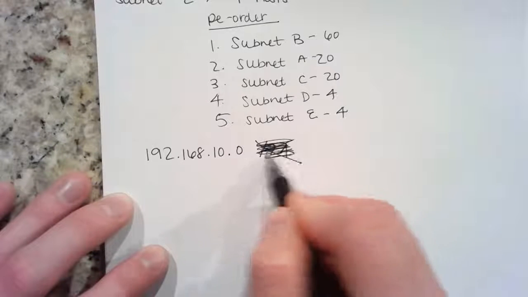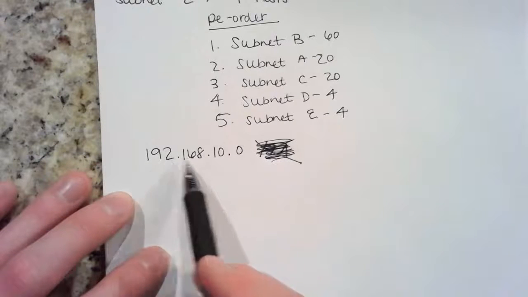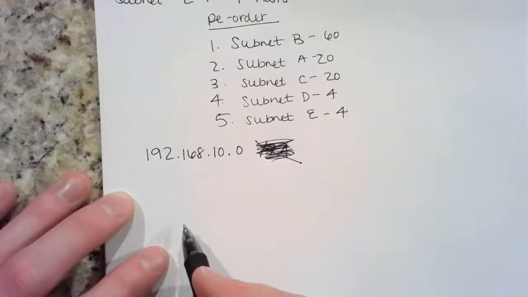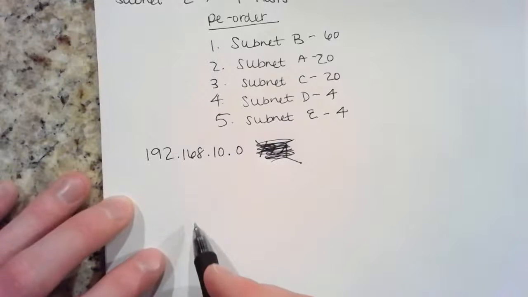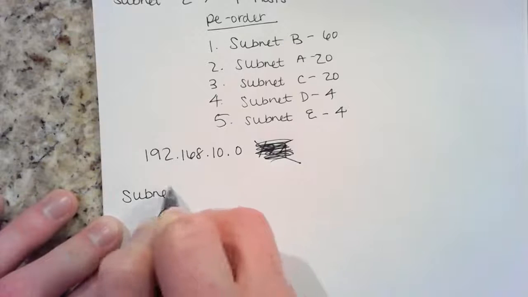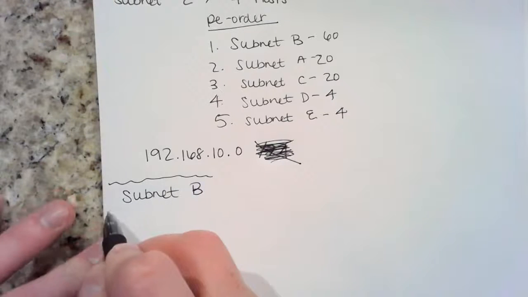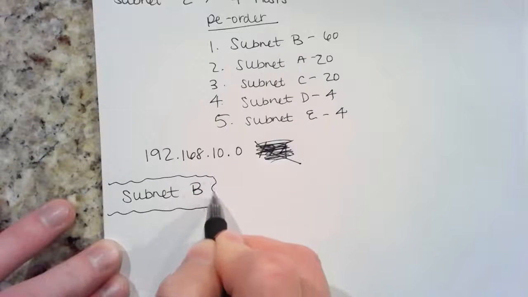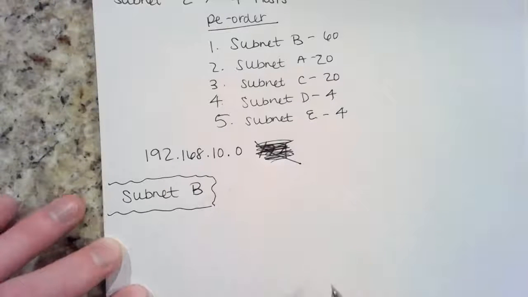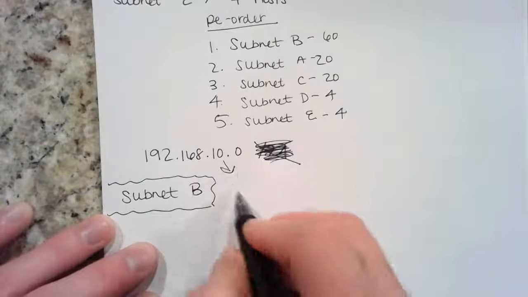We don't even need to know really what that is, okay? So we're going to do 192.168.10.0 here. And remember, we're going to start with subnet B first, okay? So everything we're going to do here below this mark is for subnet B. So we're going to start with this address here.